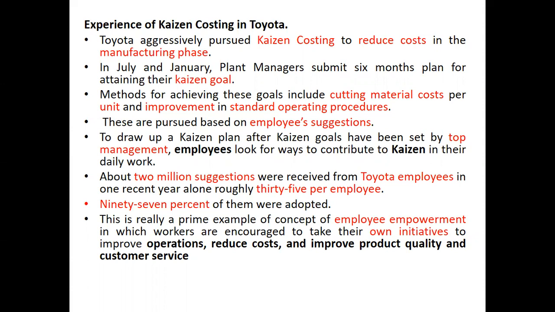Out of these 2 million suggestions, 97% suggestions were adopted within 1 year. एक साल में 97% suggestions they have implemented. And this is really a prime example of the concept of employee empowerment, in which workers are encouraged. यहाँ पे काम किसने किया, suggestions employee ने किया और implementation employee ने किया है.